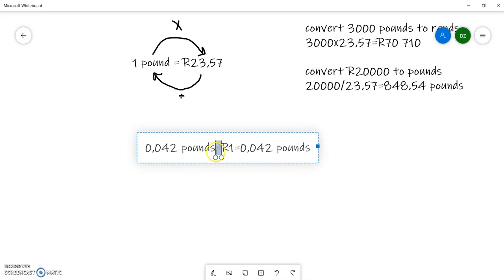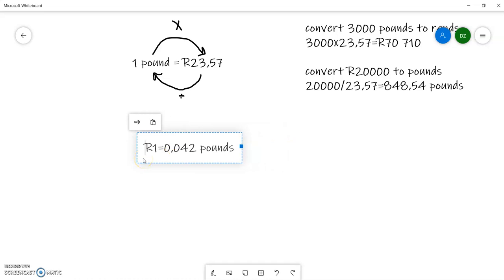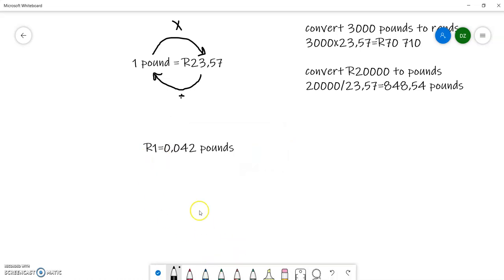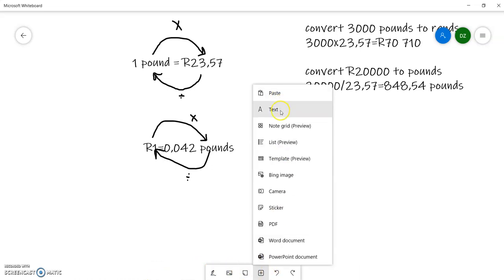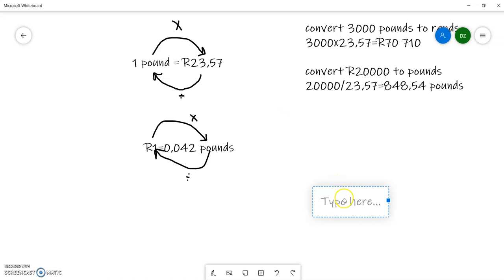By doing that, I can still use my trick: if I've got rands and I want pounds, I will times. So going from the 1 unit to the other, it is times. And going from the other unit to the 1 unit, it is divide. So let's see if we get the same values if I have changed my exchange rate, or at least changed the subject of my exchange rate.